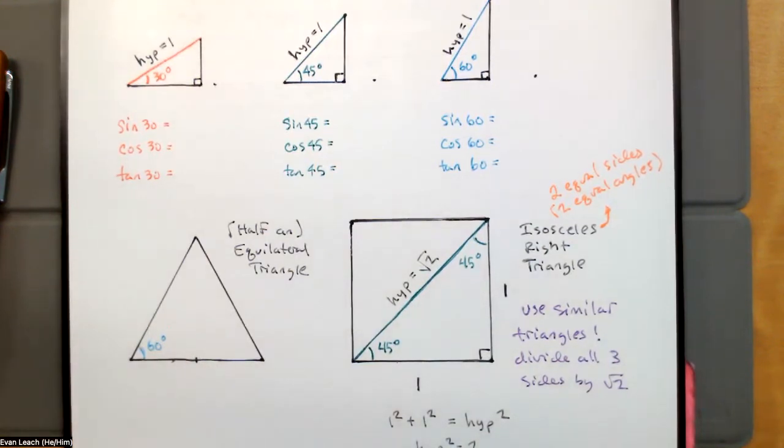And I'm going to make the hypotenuse equal to a length of 1 by dividing it by the square root of 2. But if I do that to the hypotenuse, I have to do that to the other sides.